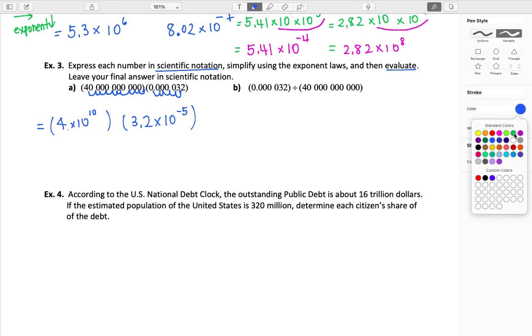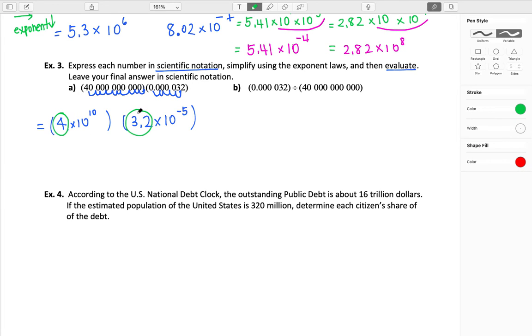So now we are going to apply the exponent law where we have 4 and 3.2. When we multiply that, it's going to give me 12.8. And then we have 10 to the 10 times 10 to the negative 5. So what we're doing, we are adding. So 10 plus negative 5 is going to give me 5, right?